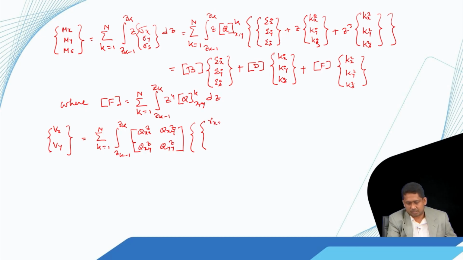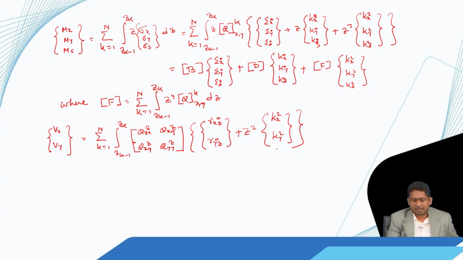So, one is gamma xz0, gamma yz0, and plus we have z square multiplied by kappa x2, kappa y2, and this gives us a matrix A with a superscript z, because this A matrix is not same as the A matrix we used for the nx, ny, ns. So, this is for transverse components.